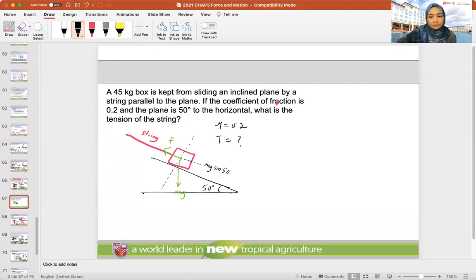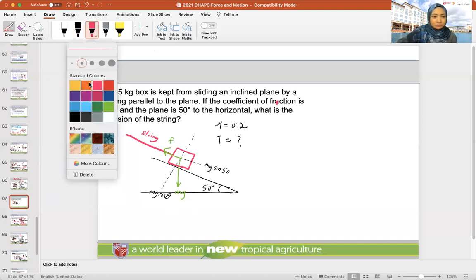Okay. Y-axis, mg cosine 50. Betul ke dia ke bawah ke atas? Ke bawah, sebab resolve.